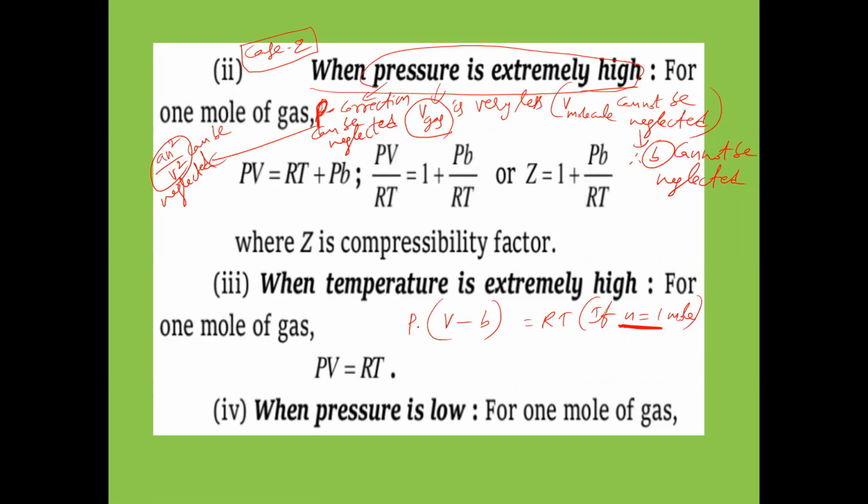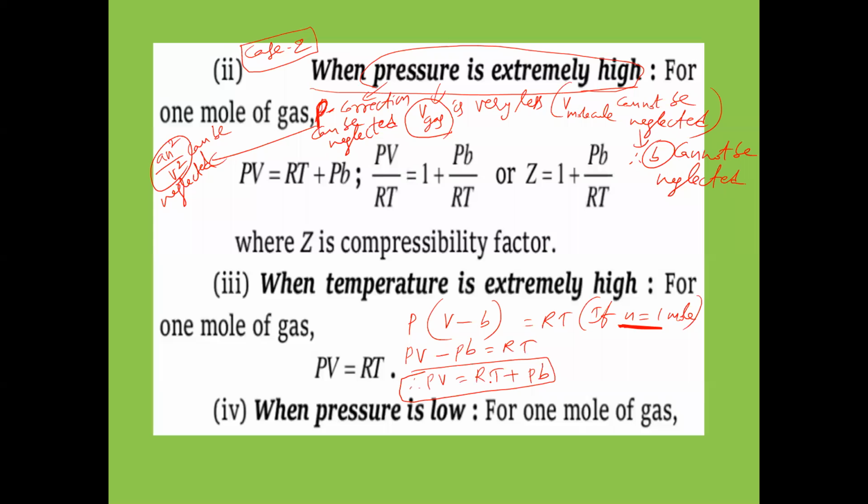Pressure correction we neglected, into V minus nb, V minus 1b, so V minus b should be there. Now here P into V, PV, minus P into b, Pb, is equal to RT. Then PV is equal to what? Therefore, PV is equal to RT plus Pb.